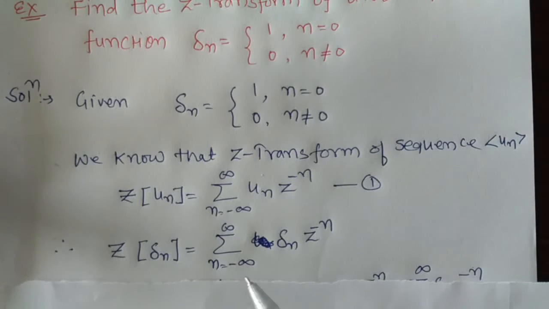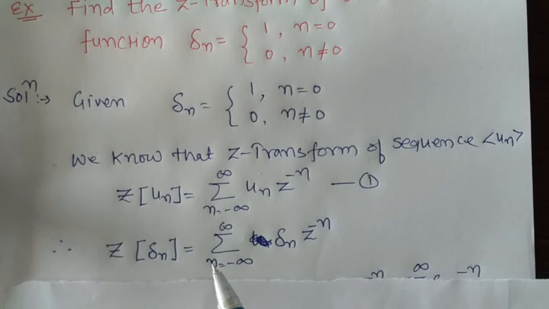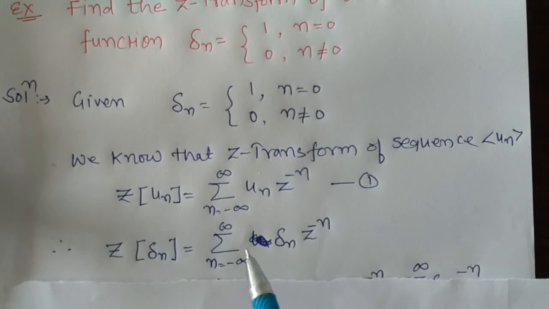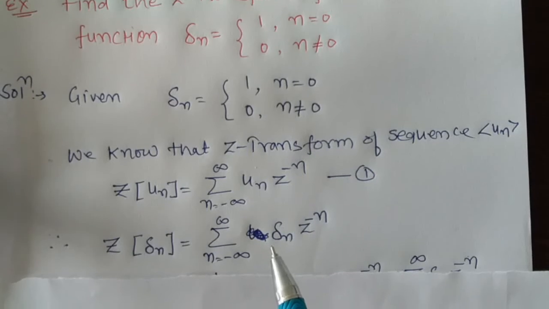Now we split this summation into 3 parts: for the negative range of n, that is from n equal to minus infinity to minus 1, then for n equal to 0, and n equal to 1 to infinity for the positive range of n.